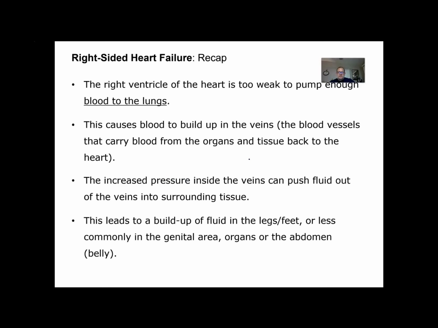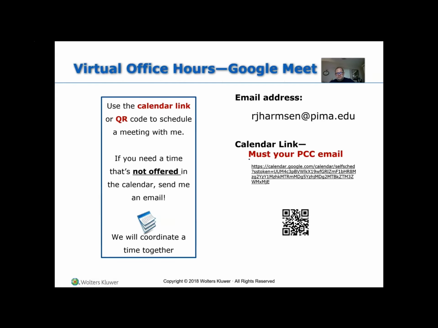With right-sided failure, the right ventricle is too weak to pump enough blood into the lungs, causing blood to build up in the veins, and the increased pressure causes veins to push fluid out into the surrounding tissue. This leads to a buildup of fluid in the legs, feet, and less commonly the genital area, organs, and the abdomen.